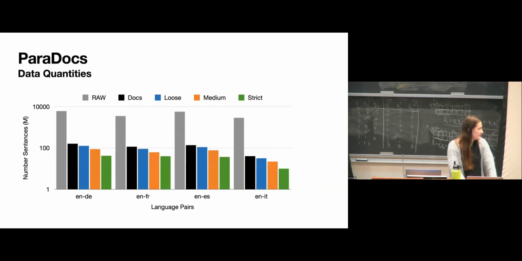If we look at the quantities, I want to highlight first off this gray bar. This is original ParaCrawl, unfiltered, and note that this is log scale. There are over 10 billion sentences in the original ParaCrawl, and most of it is garbage.